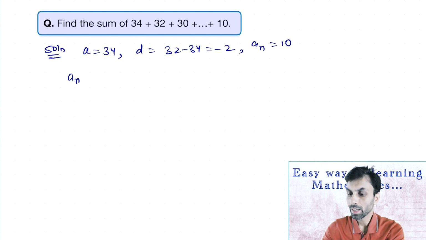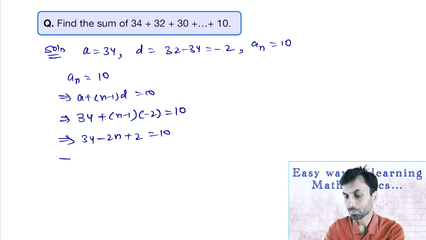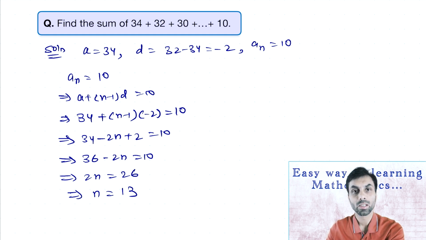So we'll take An equals 10, and the nth term formula is A plus n minus 1 into d, which is 10. The value of A is 34 plus n minus 1 into minus 2 equals 10, which will be 34 minus 2n plus 2 equals 10. Further, we can write it as 36 minus 2n equals 10. So we'll get 2n equals 36 minus 10, that will be 26. And so n will be equal to 13.